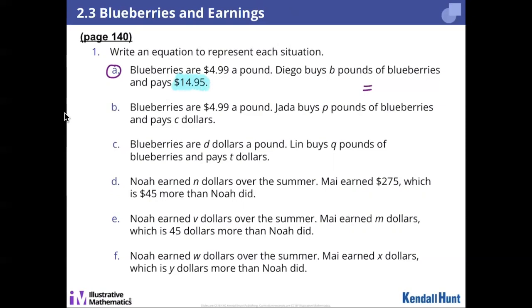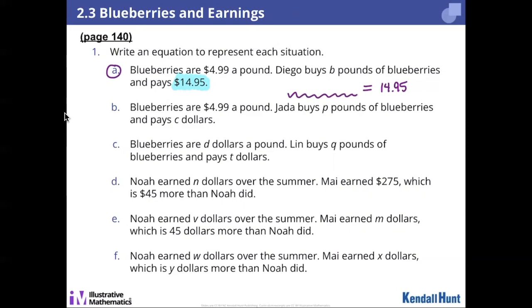In equation world, one common equation that we're going to write a lot of has to do with the fact that totals almost always are going to go on one side by itself. Because if I know that the total of his order is $14.95, we can actually write an equation that represents what he spent money on.